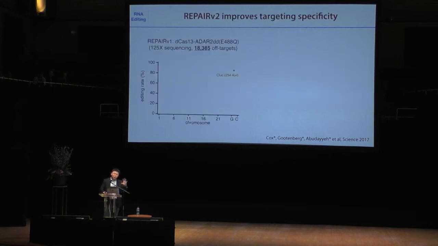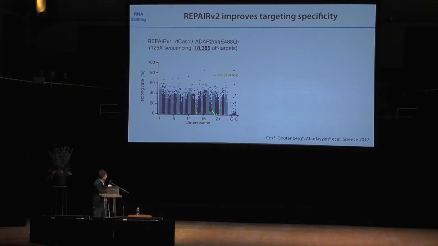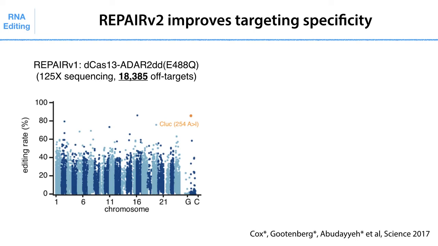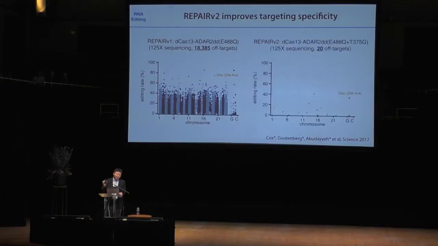So we then also profile the whole cell to see, in addition to making changes on the RNA that we're trying to modify, is it also changing other RNAs that are not recognized by this molecule? And so this is the original version of the system. This is the desired change, but you also get many, many other undesirable changes. But then once we start to engineer the protein, we can really clean this up.